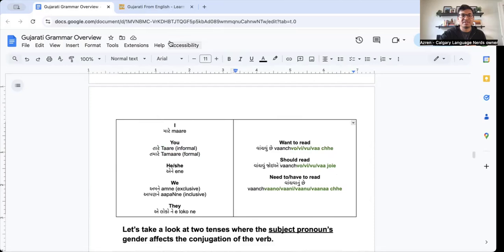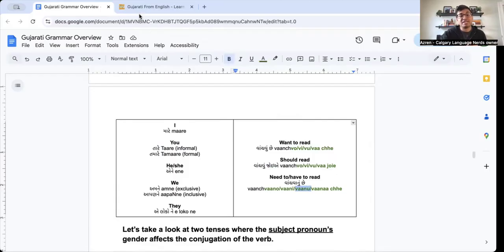The shoulds are a little different. We just add the word joye. So mare kaink vanchvu joye, tamare vanchvu joye, ene vanchvu joye, amne vanchvu joye, teone vanchvu joye. If you need to, now we're going to have anos. So for example, mare kaink vanchvanu che, I have to read something.